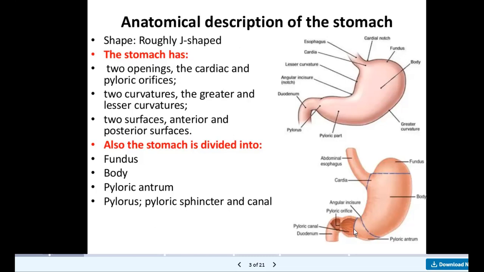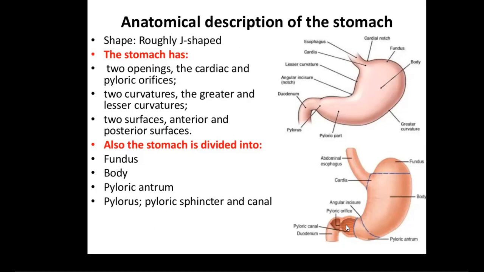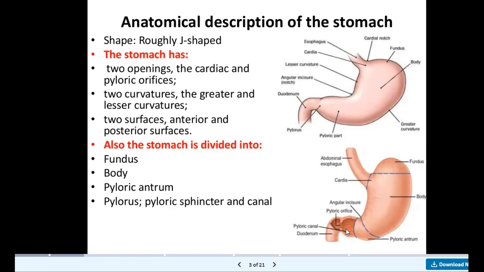In the next slide, you will see the pyloric sphincter is actually some muscles that contract and dilate to open or close the pyloric canal for food to pass through the pyloric orifice into the duodenum.